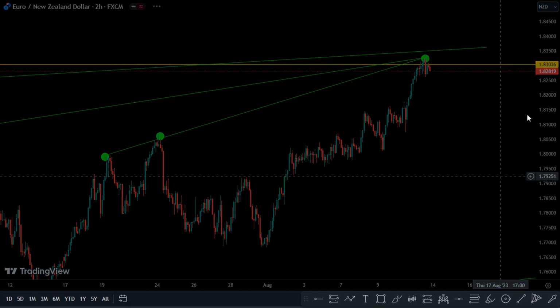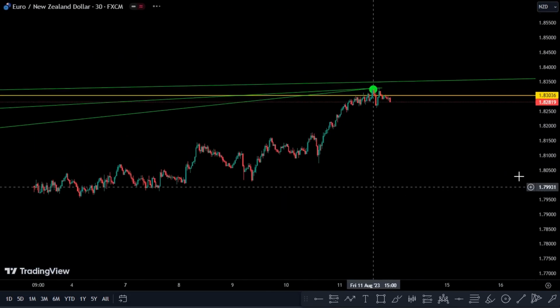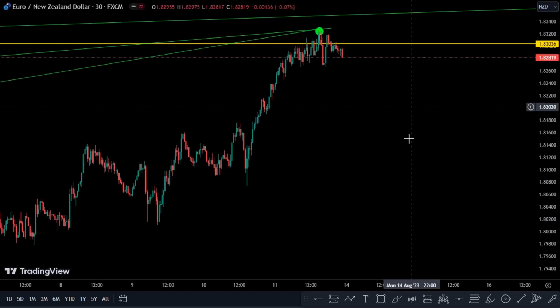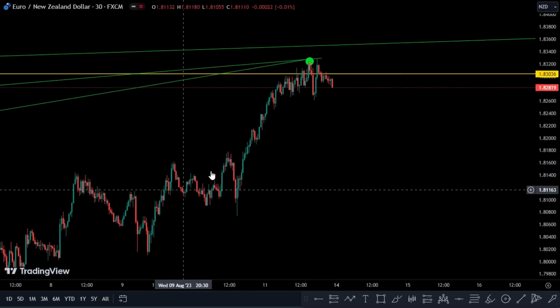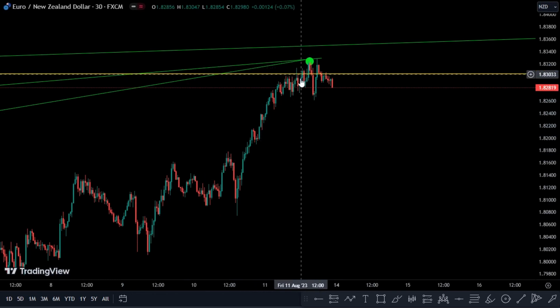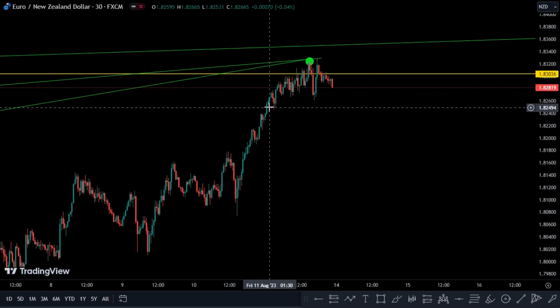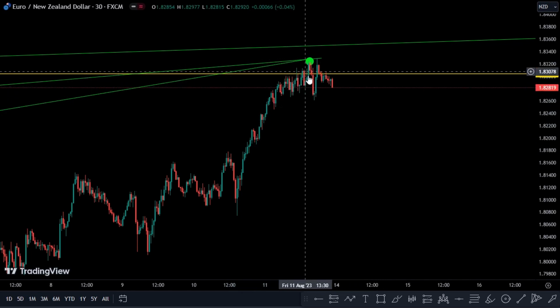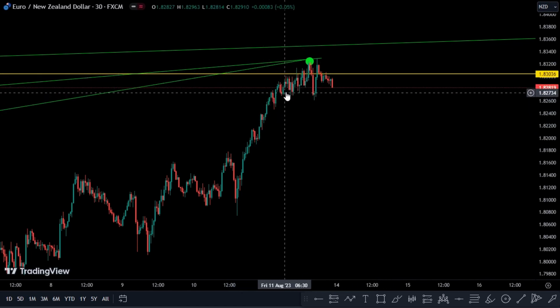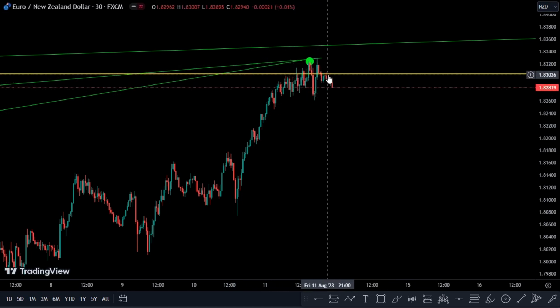Okay, then when we switch to our 30-minute time frame, we can clearly see that indeed this market has been very aggressive when it comes to the bullish movement. But as you can see here, we started losing bullish momentum, and then we started gaining bearish momentum. The size of bullish candlesticks started decreasing, then the size of bearish candlesticks started increasing.